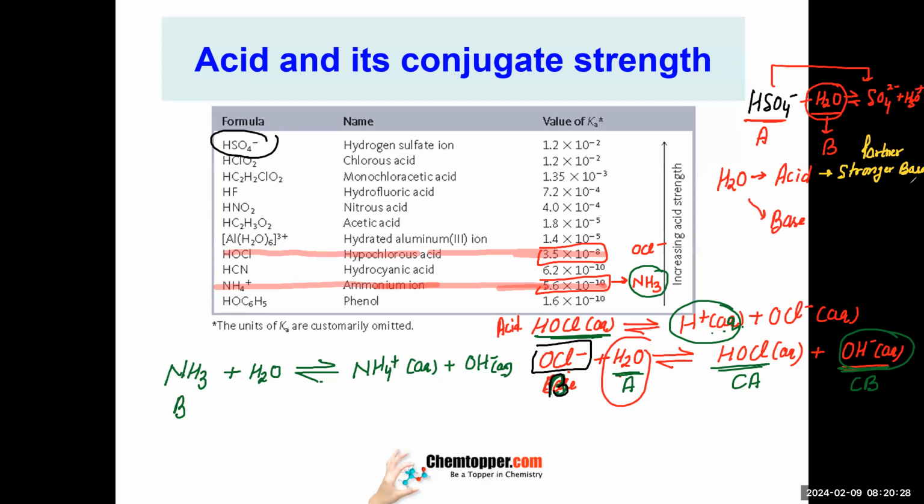If the partner is stronger base, then water will behave like an acid. And if the partner is stronger acid, then it is going to behave like a base. Like here, water is behaving like an acid. See? So it means OCl minus is stronger base than water.